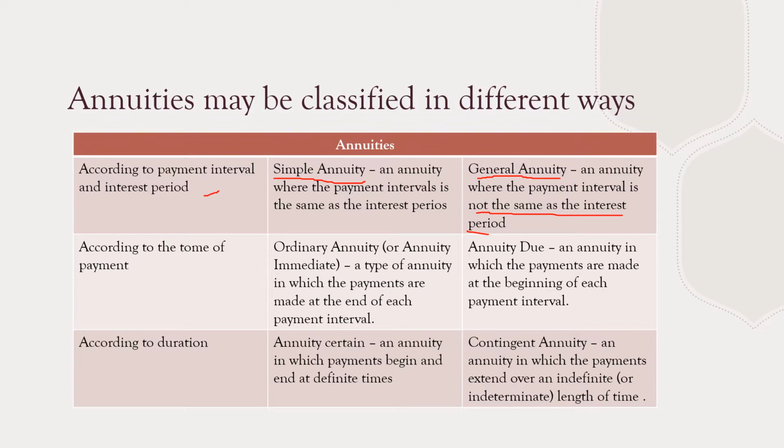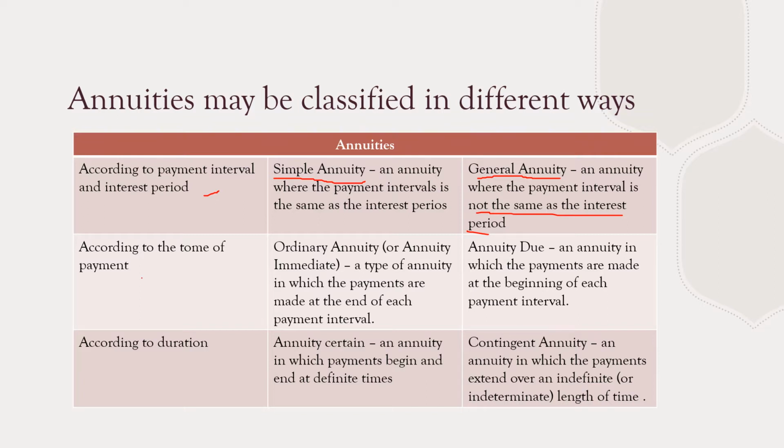Parehas ang interval tsaka interest period. While ang general annuity, this is an annuity where the payment interval is not the same as the interest period. So, yun lang ang kailangan tandaan for you to be able to identify whether it is simple annuity or general annuity.